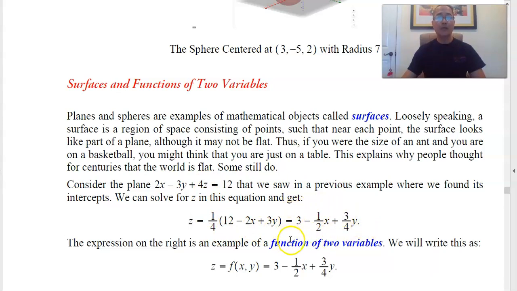What you see over here is an algebraic formula or expression that involves x and y. So that makes it a function of the two variables x and y. We can write z as f of x, y, give the function a name. Oh, f. How boring. And give a formula for it. In this case, 3 minus 1/2 x plus 3/4 y.